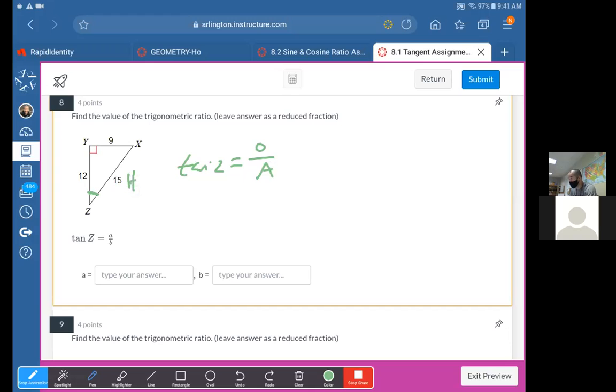So 12 and 19. 12 is the one that's touching, so that one's the adjacent. This is the opposite. So tangent of z is 9 over 12. 9 over 12 reduces to 3 over 4.